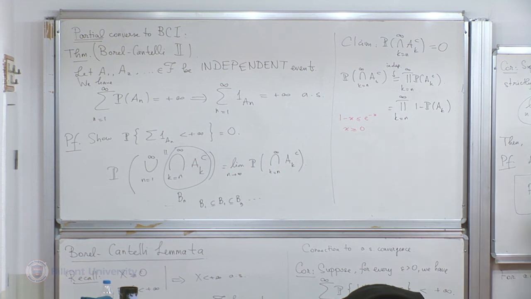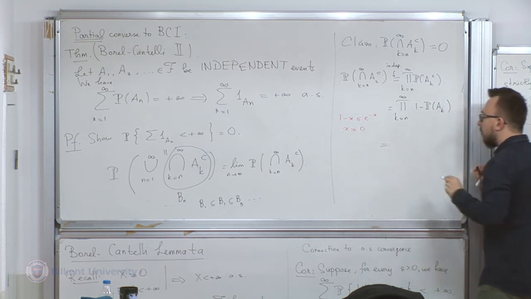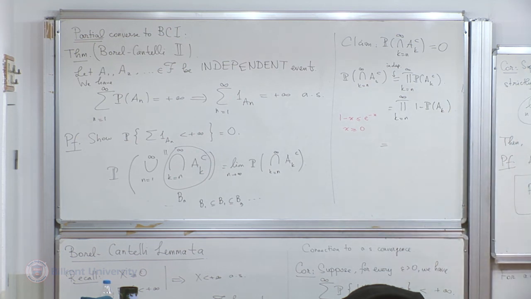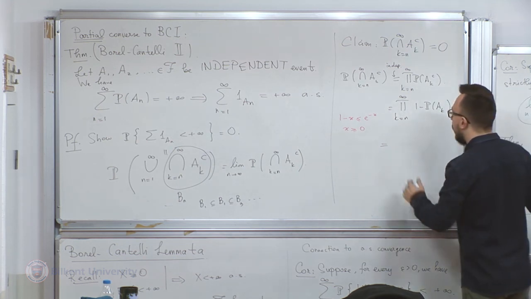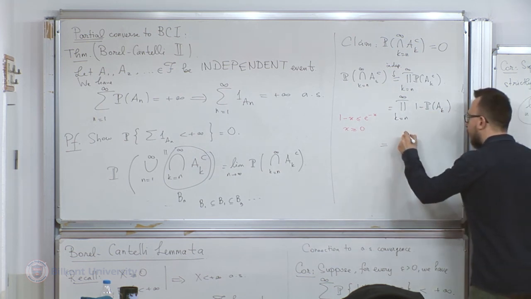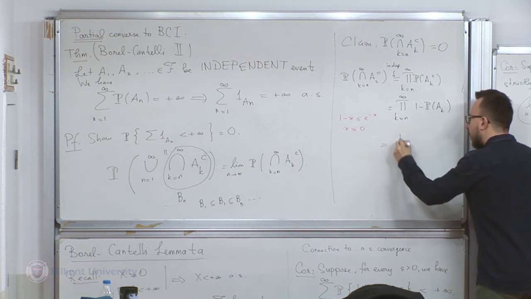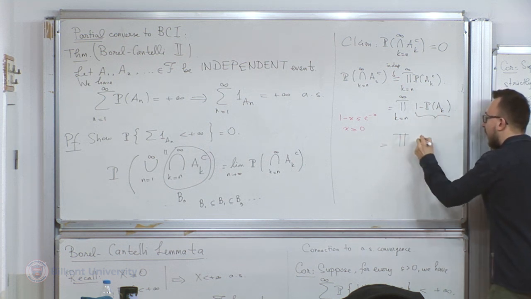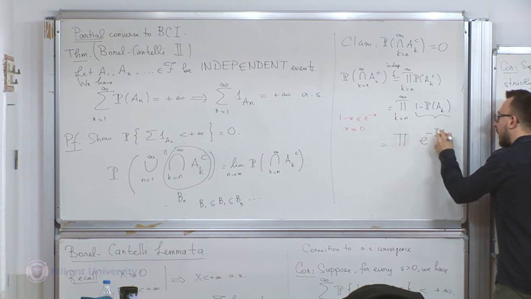Well, of course, this is an idea that some people figured out. And if you use other functions, maybe you don't get the result that you want. So you need to think carefully to bound it in the right way. So this is less than e to negative probability of Ak.